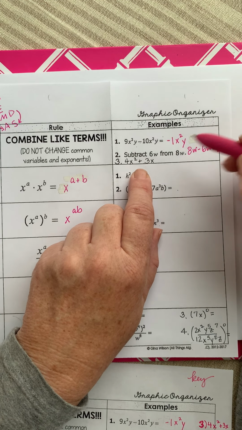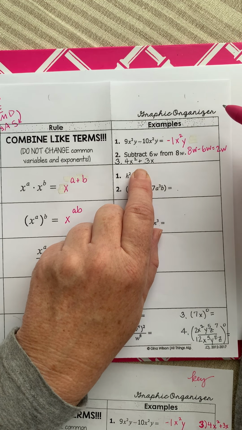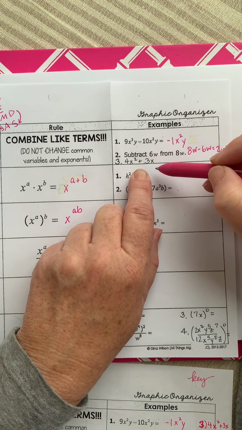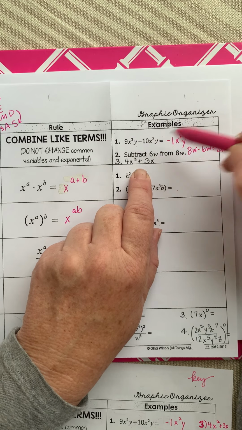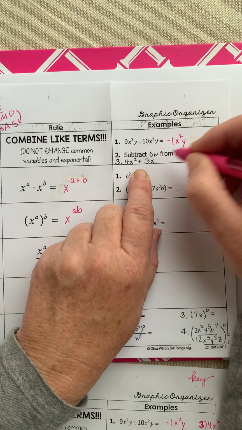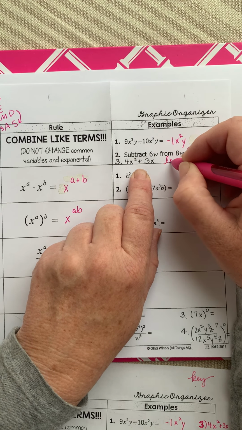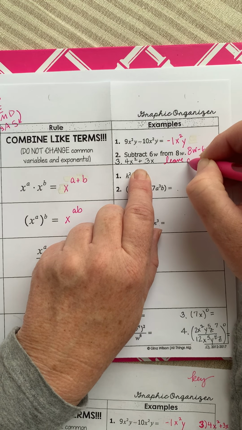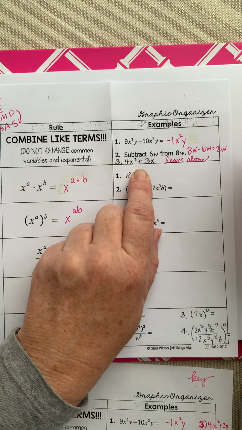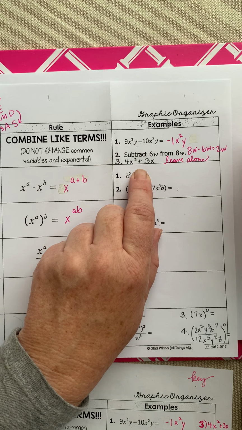All right, and then number 3, I added this one on because I thought it was important that you see one of these. If the variables don't match or the exponents don't match, which is what's happening in this case, you just leave it alone, okay? You cannot do anything to this one, but just leave it alone, okay?